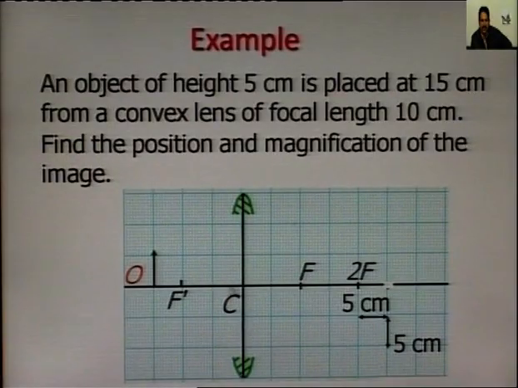So, our object is placed at 15 centimeter from the lens having focal length 10 centimeter. So, this represents the 10 centimeter. Each small box in this graph paper represents 1 centimeter. So, the focal point of the lens is at 10 centimeter, the object is placed at 15 centimeter, and the height of this object is 5 centimeters.